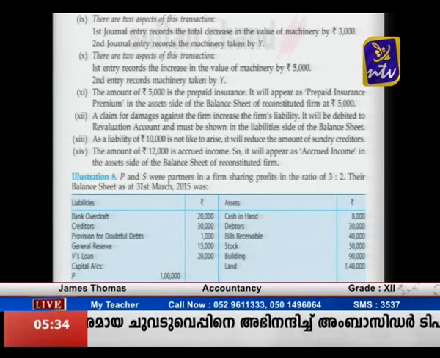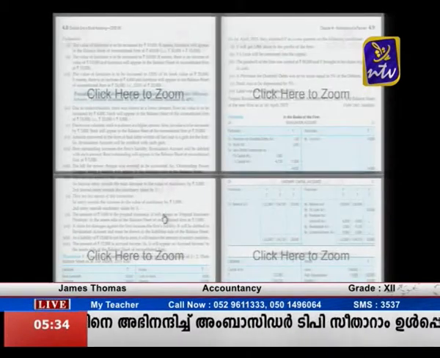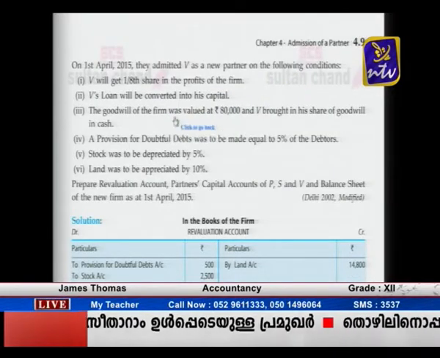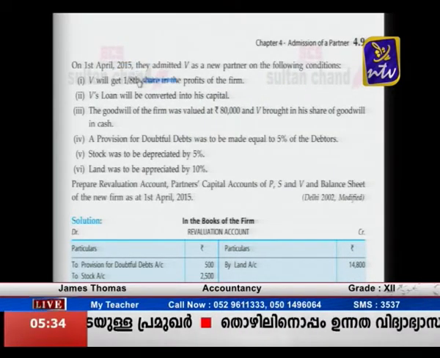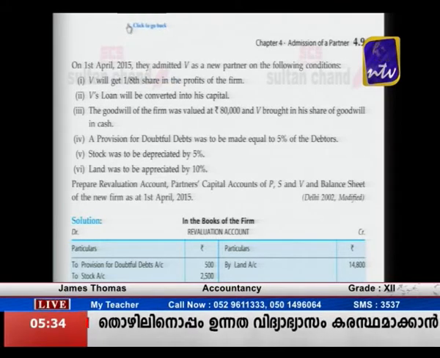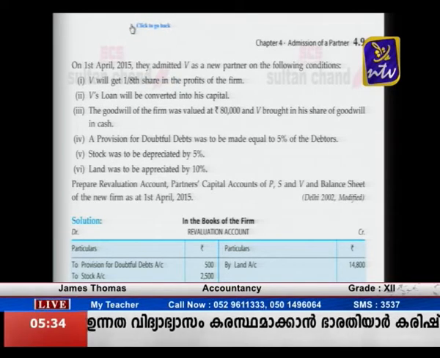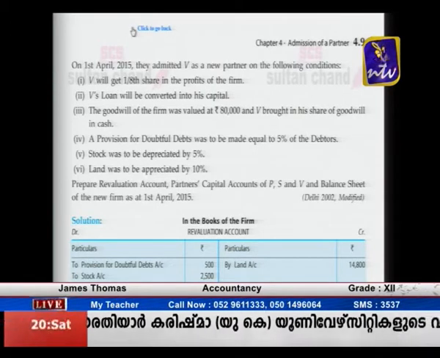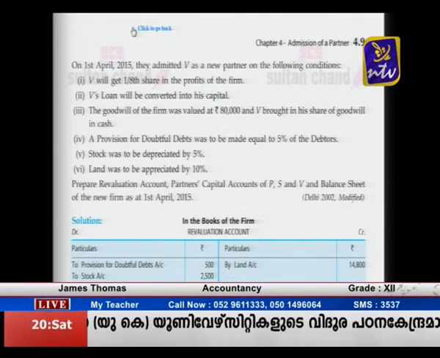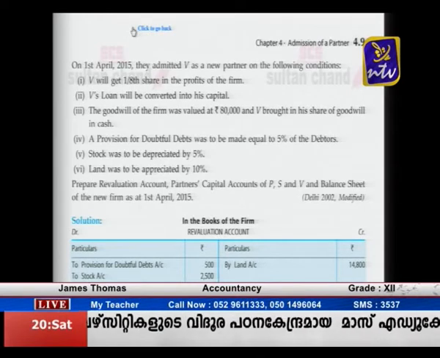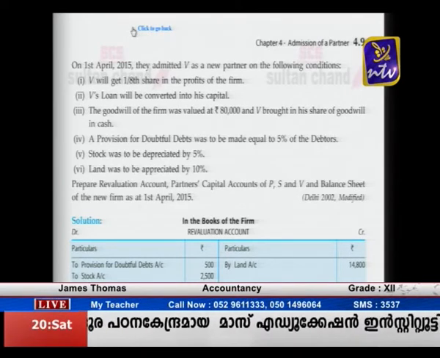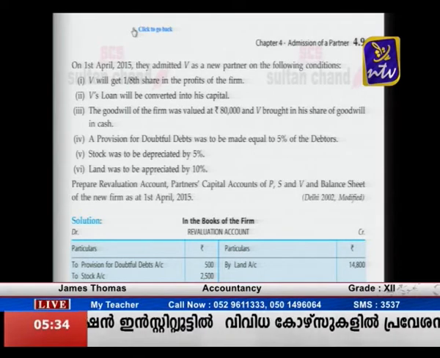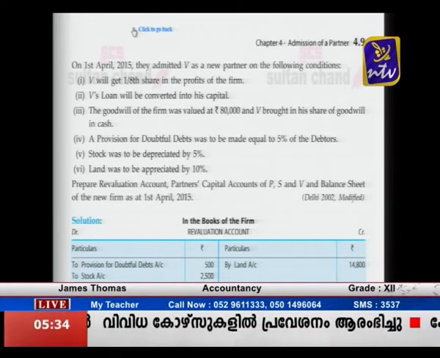Now, in the adjustment, the provision for doubtful debts was to be made equal to 5% of debtors. That means 5% of debtors is equal to 1,500, but 1,000 is already given. That means this year our expense will be 500, or liabilities are increased by 500.